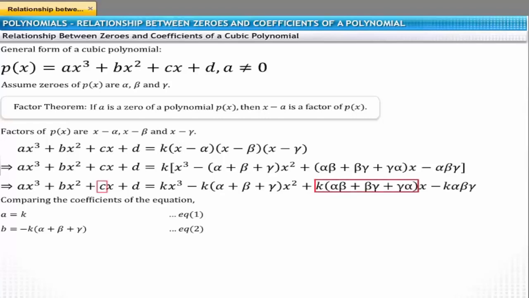C is equal to k into the sum of the product of zeros taken 2 at a time. Let this be equation 3. D is equal to minus k into the product of the zeros. Let this be equation 4.